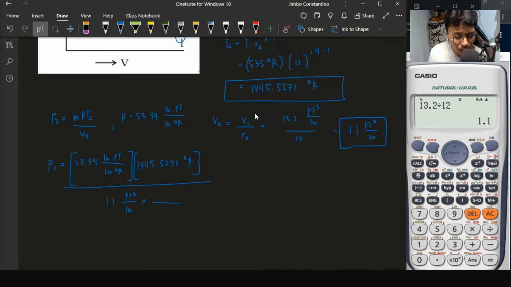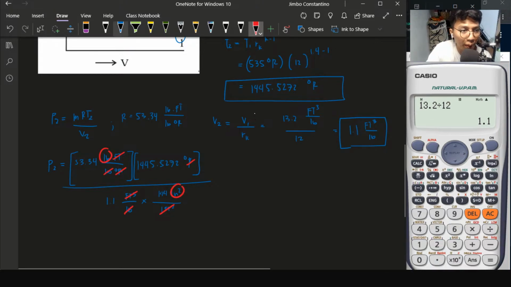So, sa baba na lang. So, 144 inch squared per 1 foot squared. Yun lagi nating conversion factor. So, canceling all the same units: feet squared, feet cube, yung feet, yung pound, degree Rankine. Ang tira is pound per inch squared.